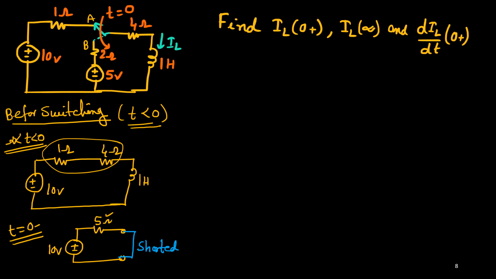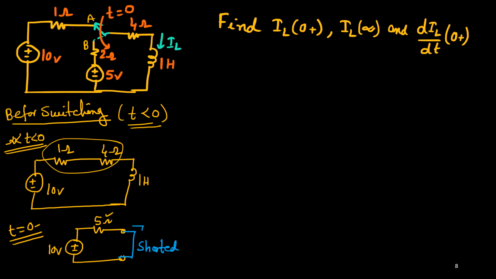Now this end will be shorted, because at t equal to 0 minus the inductor is acting in a steady state condition, right? So we can consider it a short circuit element because the voltage across the inductor is becoming 0. So what is the current right now?